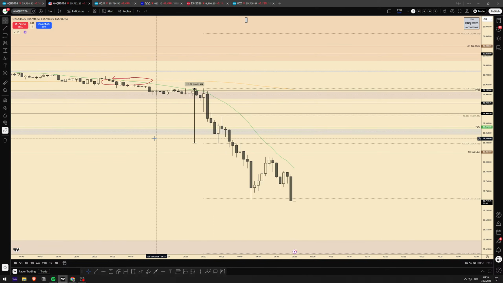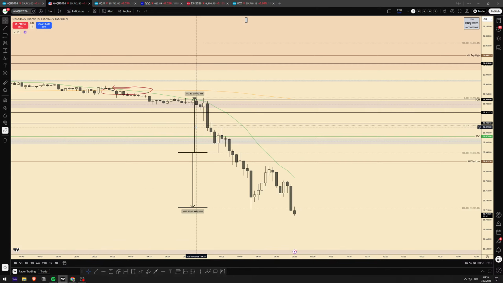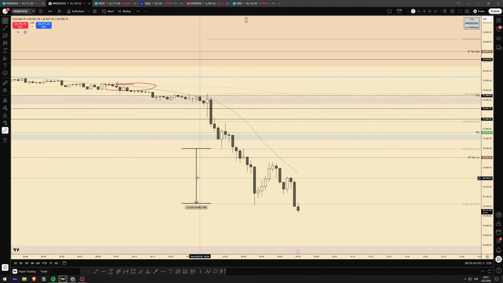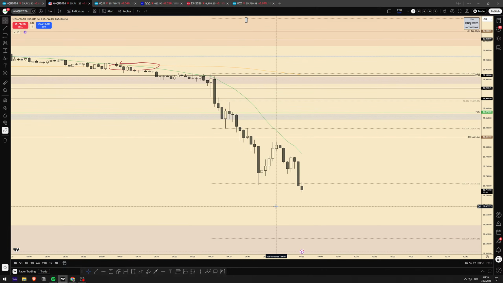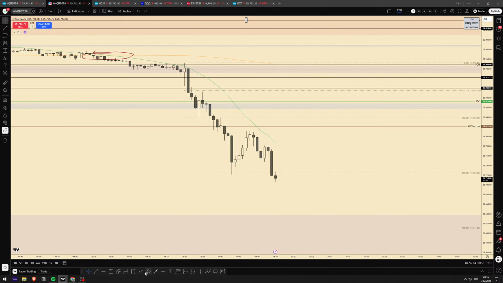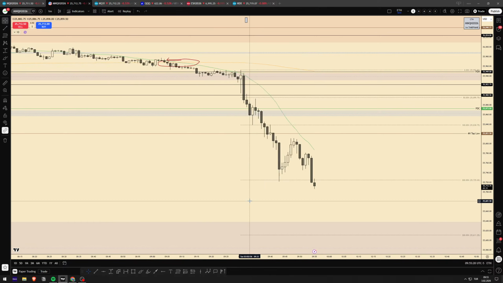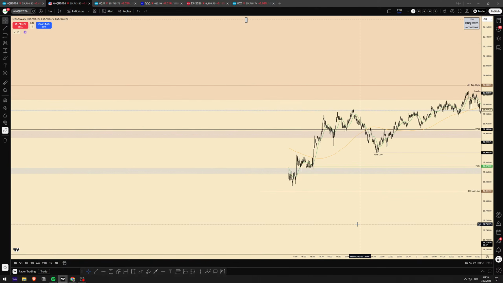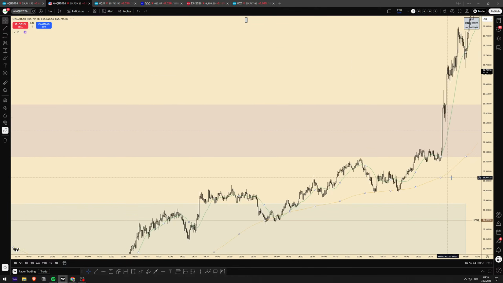This is how big the range was and one standard of the range. Okay. Many times I have seen price getting a reaction at that level. I talked about this in yesterday's session.